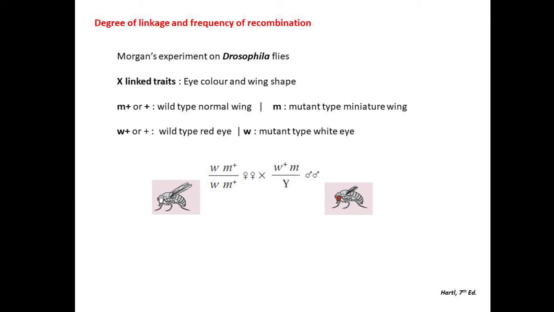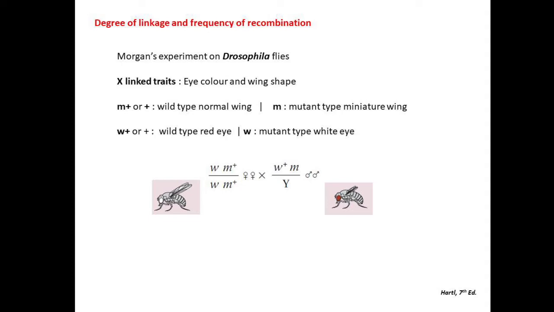So these two phenotypes, eye color and wing shape, are governed by genes W and M. M plus, or only plus, will denote wild type normal wing, and small m will denote mutant type miniature wing. You can see the picture below.